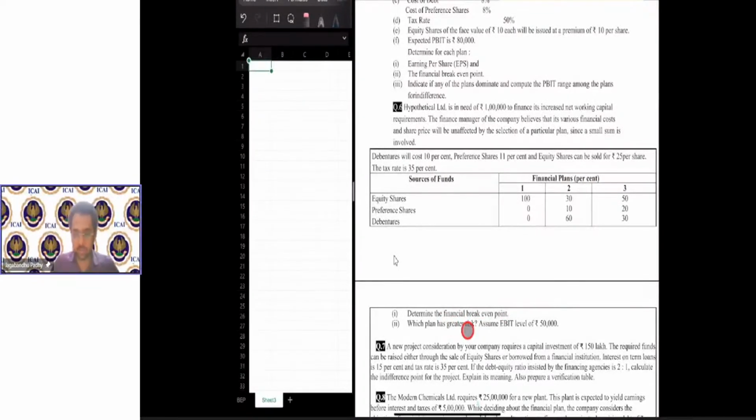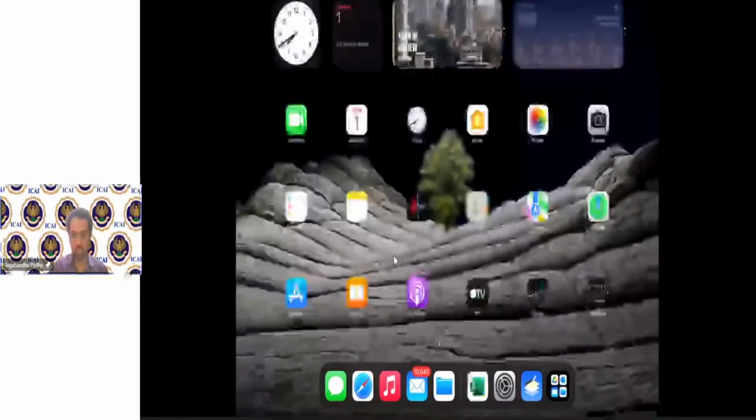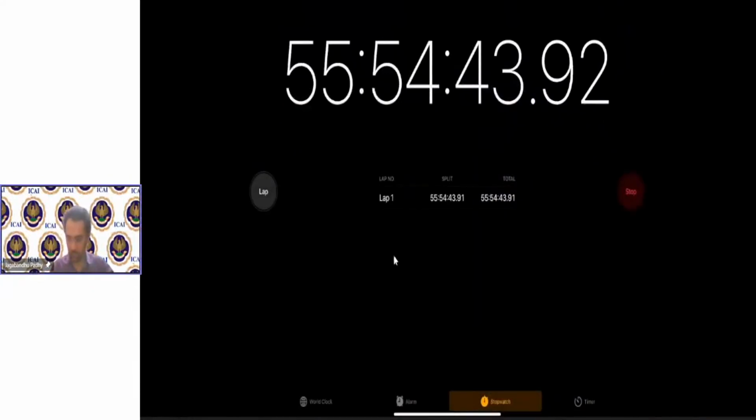For this, I'll give you 3 minutes to calculate the break-even point for each of these 3 plans. You have this question ready in front of you. I'll bring a timer for the ease of your understanding.